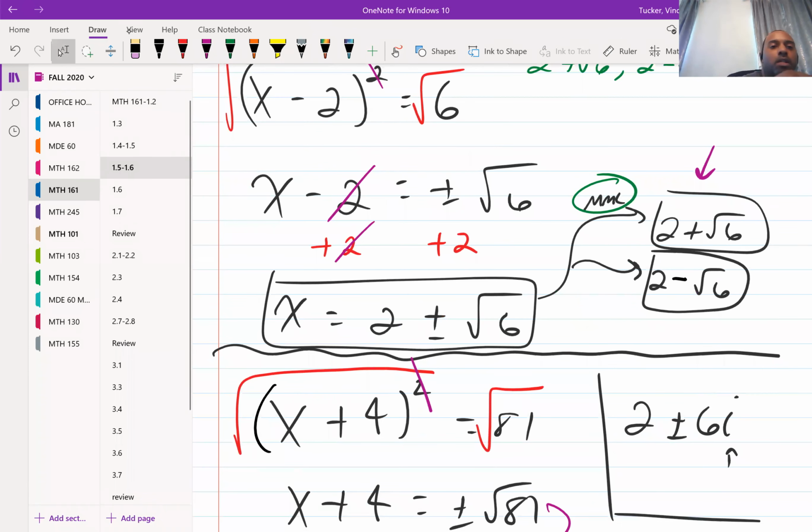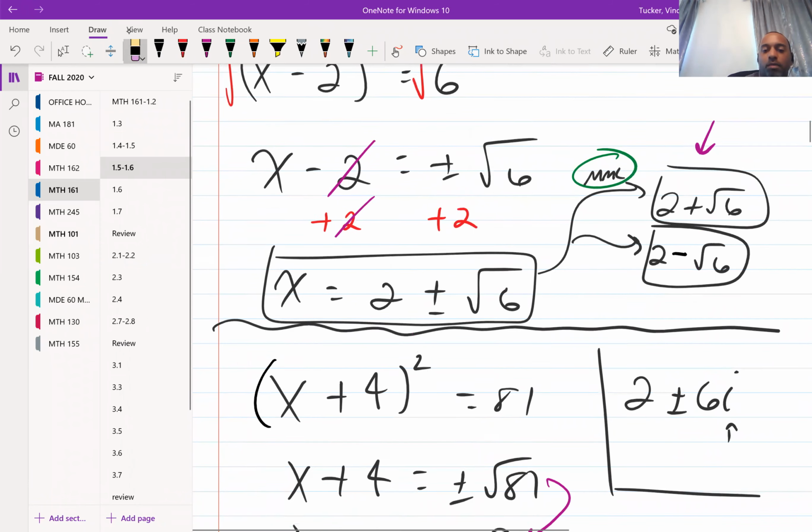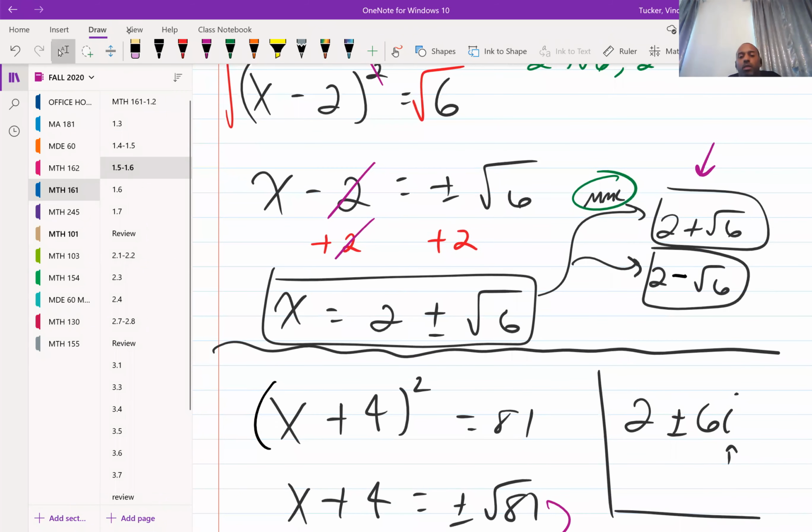All right, let's look at the next one. Let me erase this. Okay, so let's say we have x plus 4 squared equal to 81.